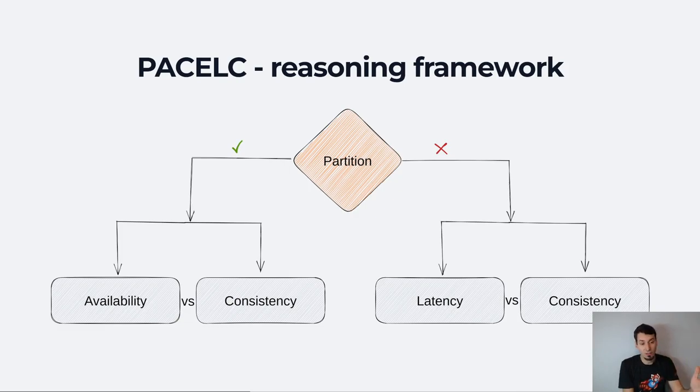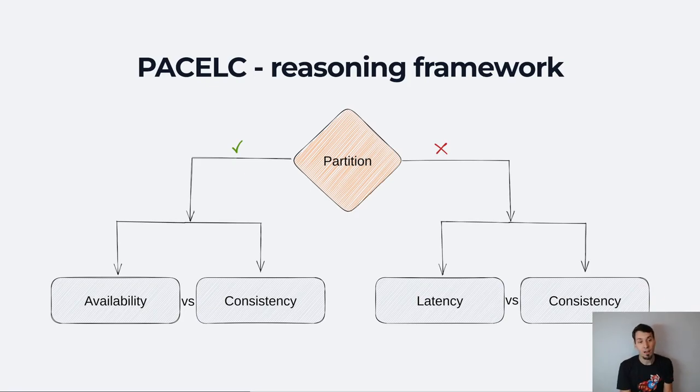The left-hand side of this picture is roughly the CAP theorem. So it means that when the partition happens, we need to choose either availability or consistency. So the system will be either consistent or available in case of partition.